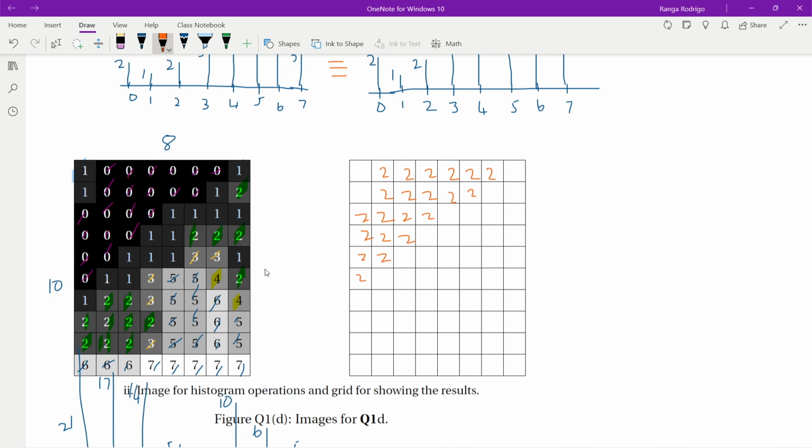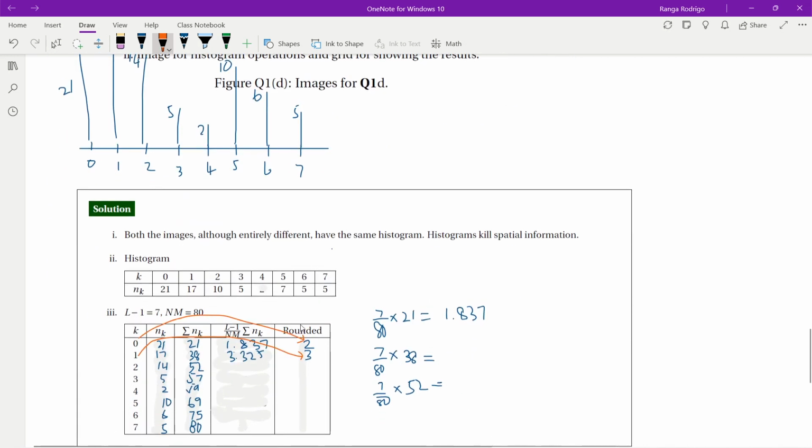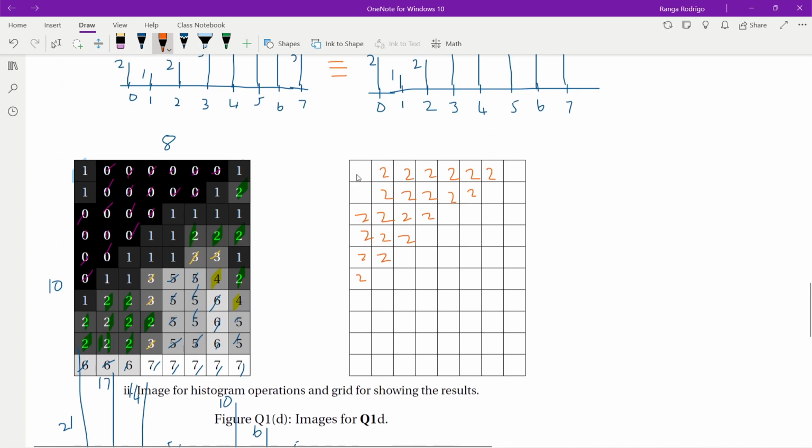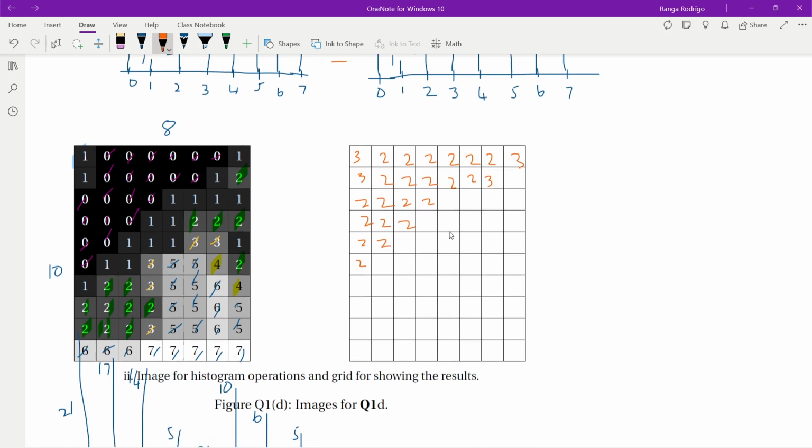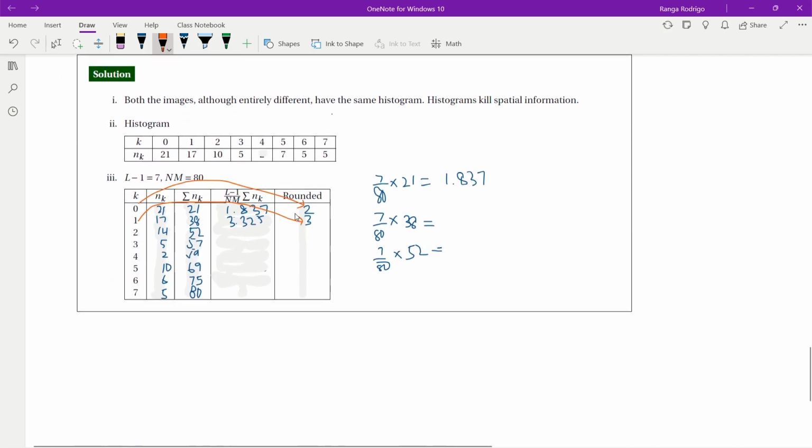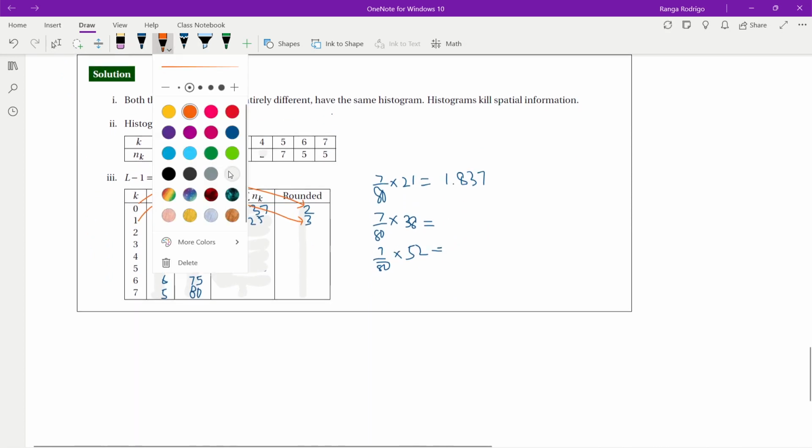Okay, and for ones, we must put 3, and so on. So the rest of the values you can compute, and once these values are computed, you can fill the whole table.